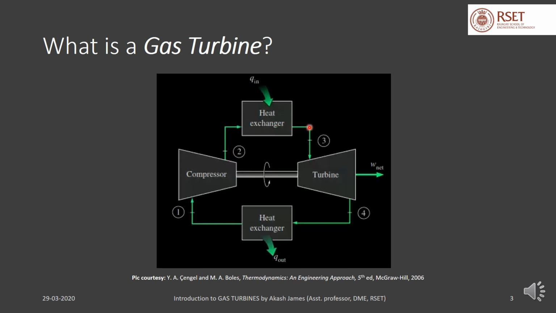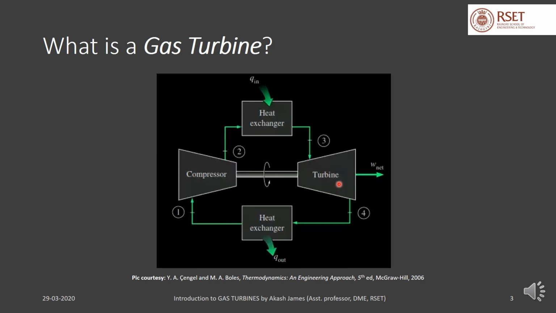Now the high temperature, high pressure gas enters the turbine and expands through the turbine to produce useful work, to a low pressure, low temperature state. This low temperature, low pressure gas passes through a heat exchanger, rejects heat to the ambient condition and is cycled back to the compressor. Now this is a gas turbine cycle.